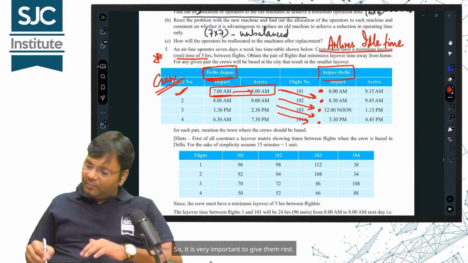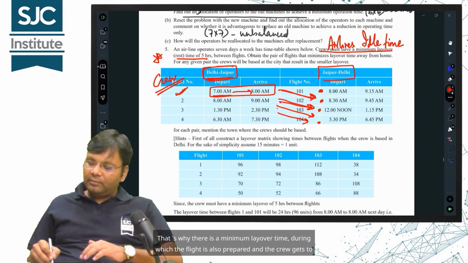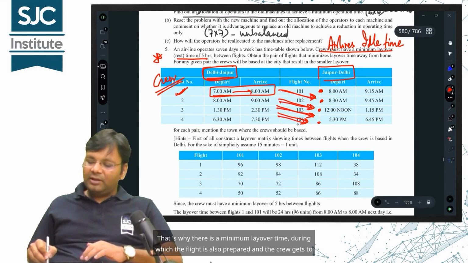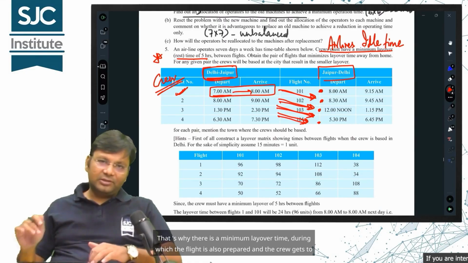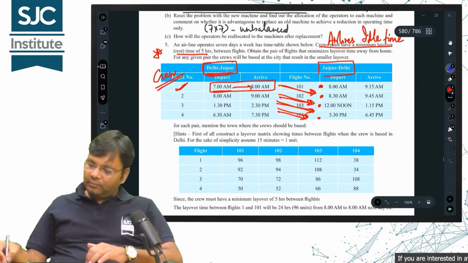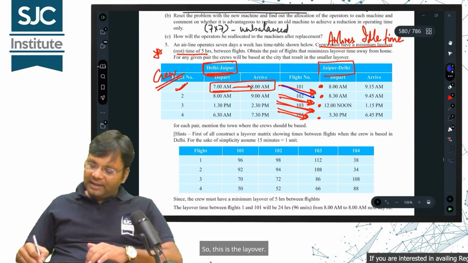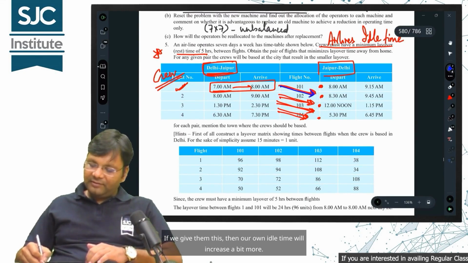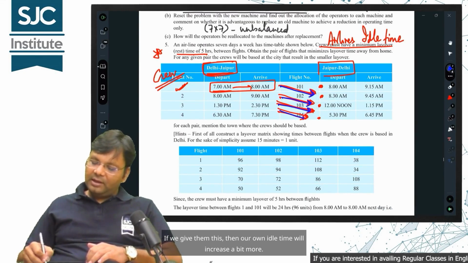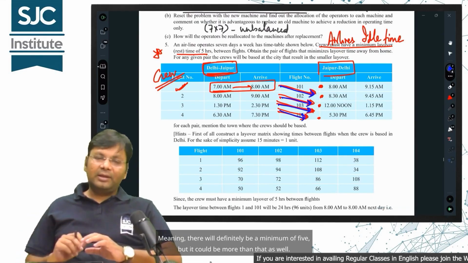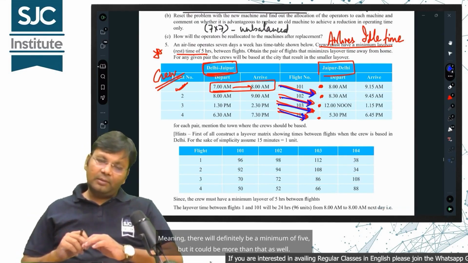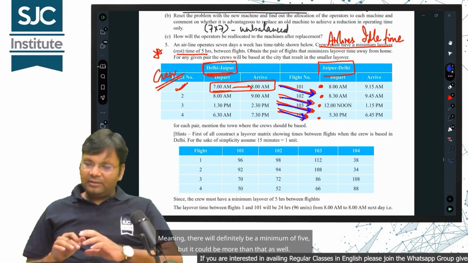So, it is very important to give them rest. That's why there is a minimum layover time, during which the flight is also prepared and the crew gets to rest as well. So, this is the layover. If we give them this, then our own idle time will increase a bit more. Meaning, there will definitely be a minimum of 5, but it could be more than that as well.